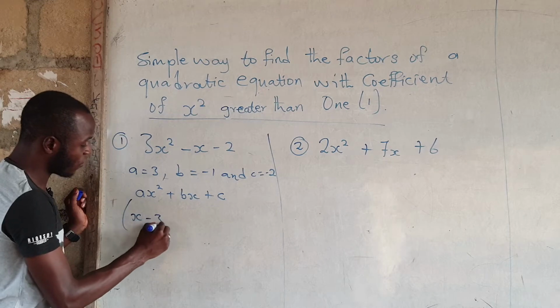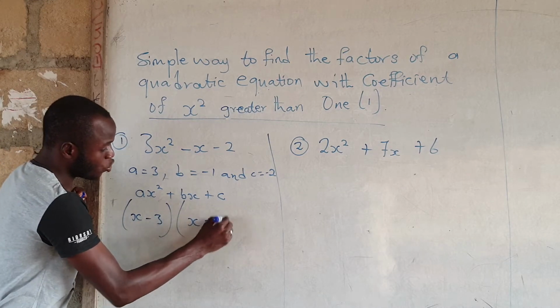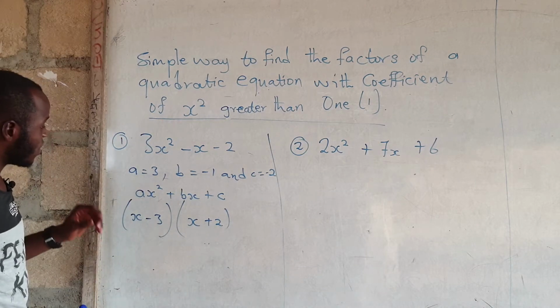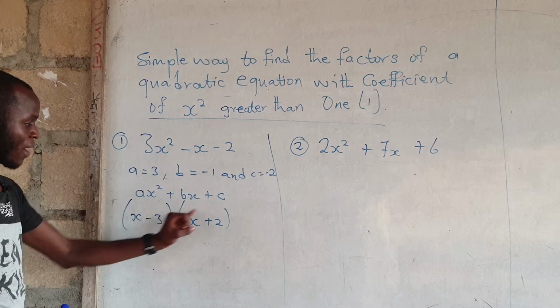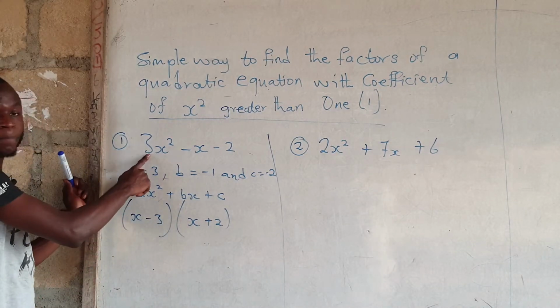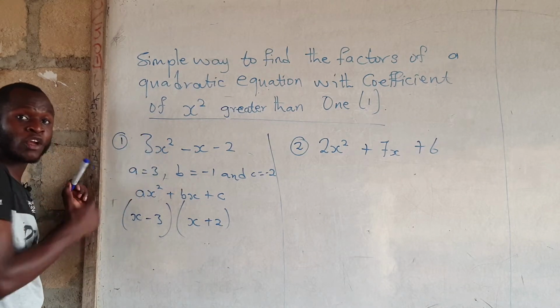So we have x minus 3, then you close the bracket, you open another one, x plus 2. Now the next step is to divide the constants in the brackets, those without the variable, by the coefficient of x squared in the original question.